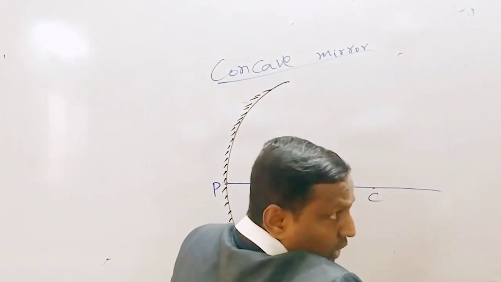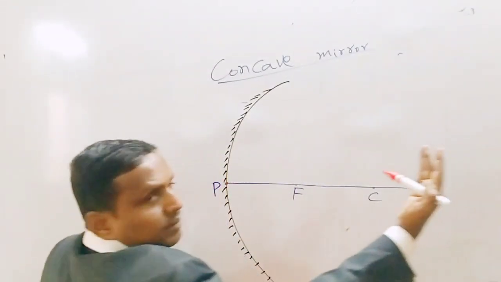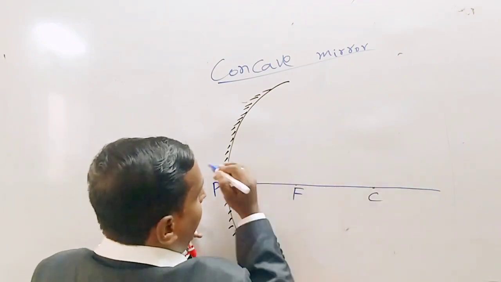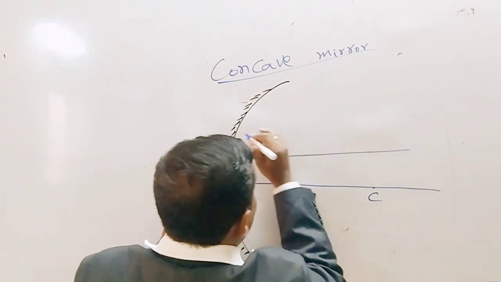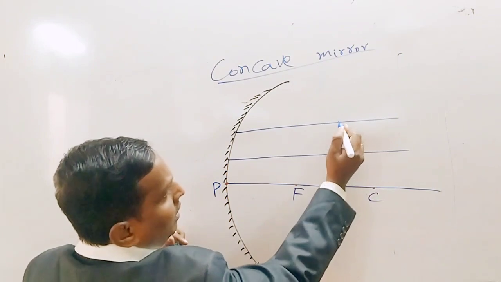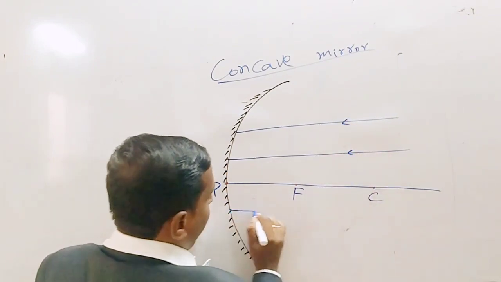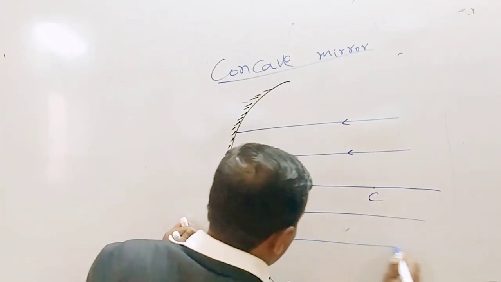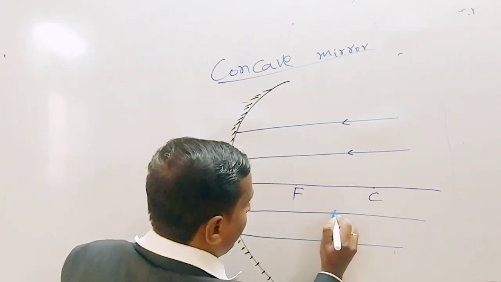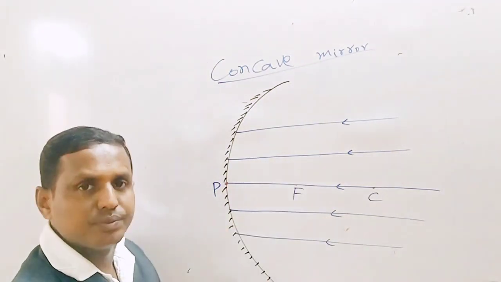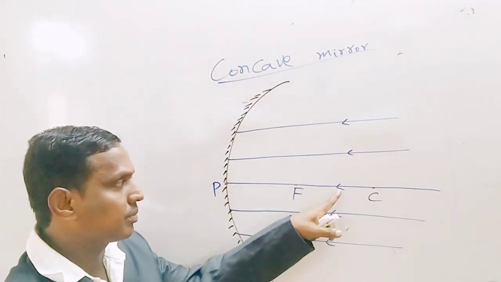Now suppose light rays are coming like this. You see the symbol here, this is an arrow. See the arrows here: light rays.